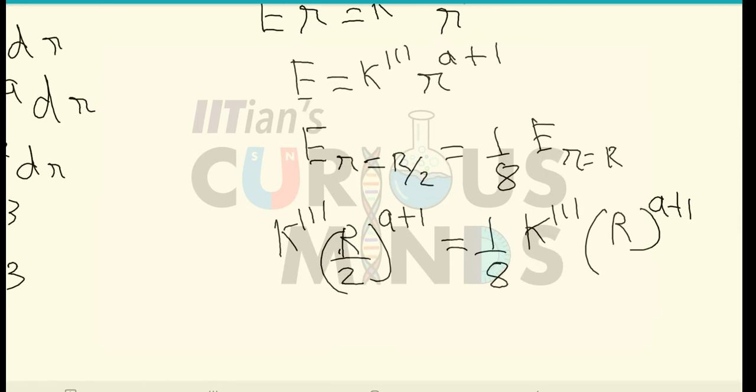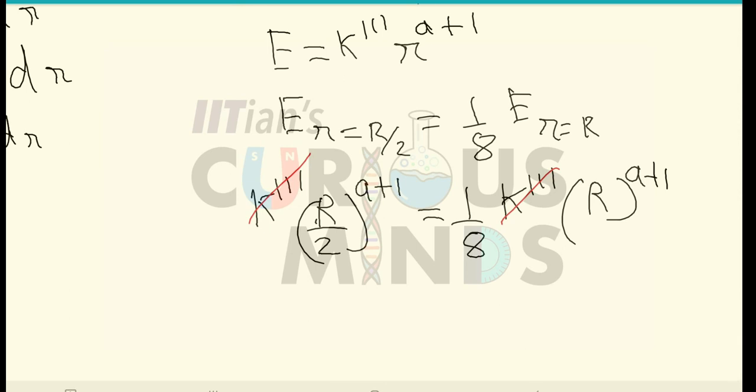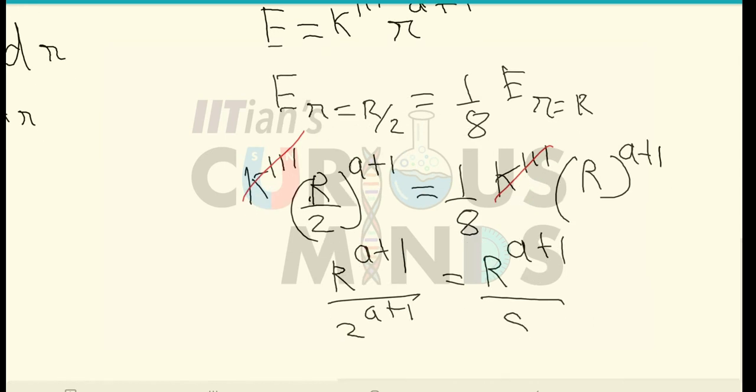So k triple dash will get cancelled out on both sides, and R raised to a plus 1 divided by 2 raised to a plus 1 is equal to R raised to a plus 1 divided by 8.